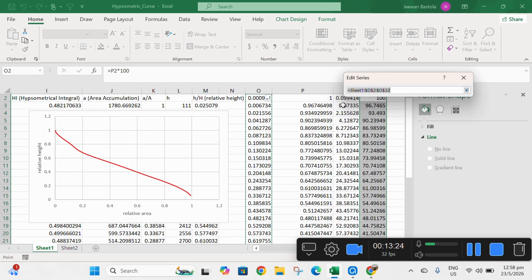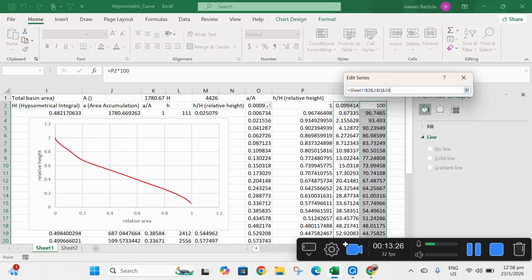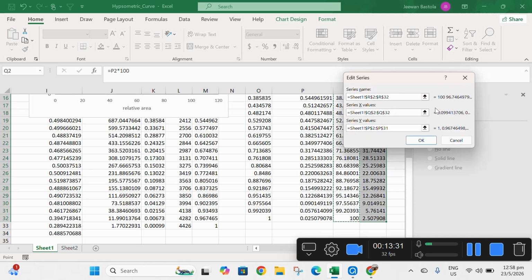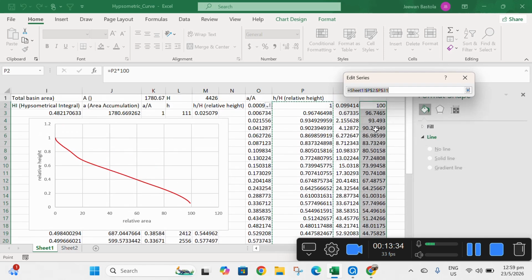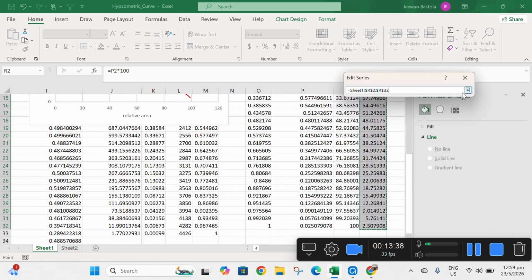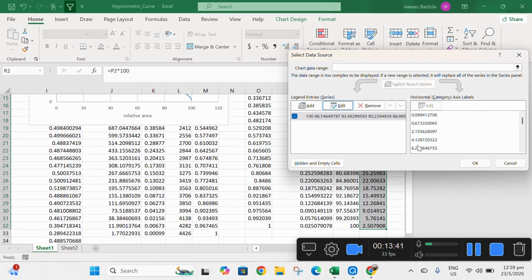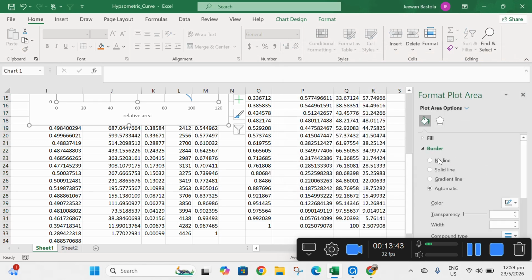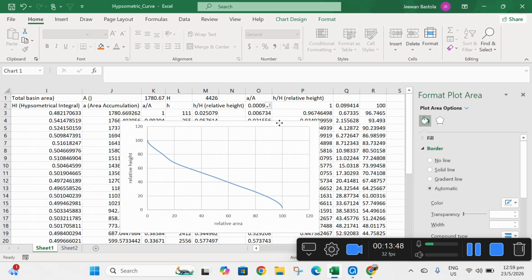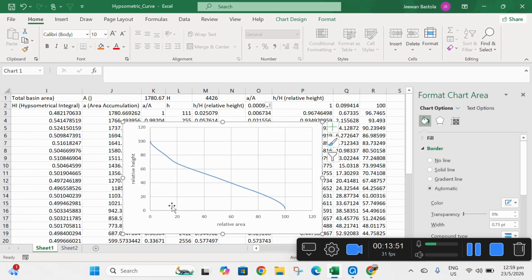Then out here you will select relative area, and out here you will select this one. Okay, click OK. So here you have the relative height in percent and the area in percent. So you can have two vertical charts for the hypsometric curve.